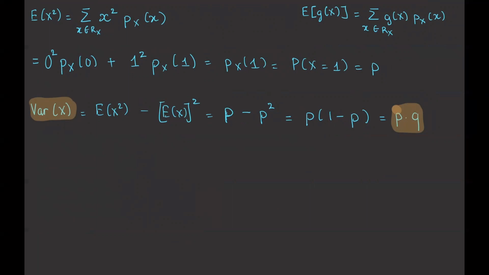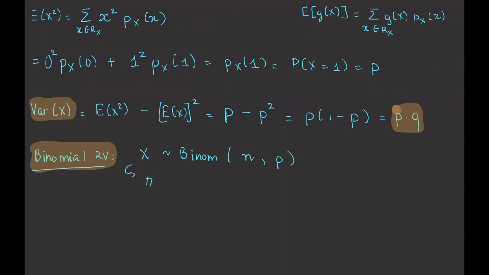Let's see. So we have a binomial random variable. Let x denote the number of successes in independent Bernoulli trials. Then x follows a binomial distribution with 2 parameters n and p. Okay.